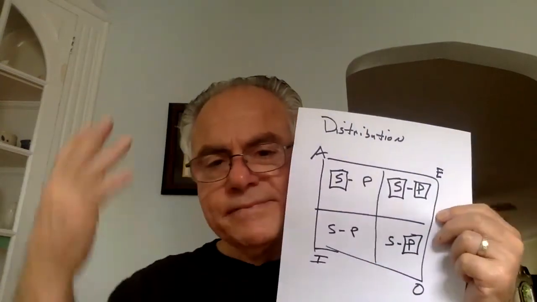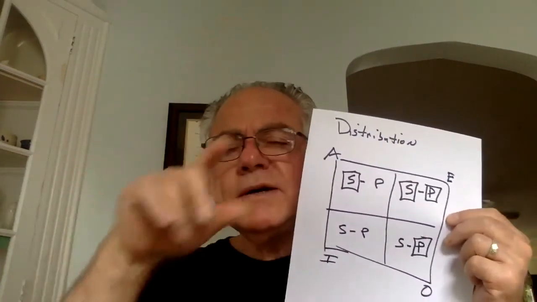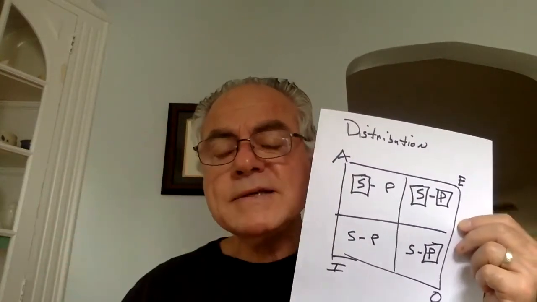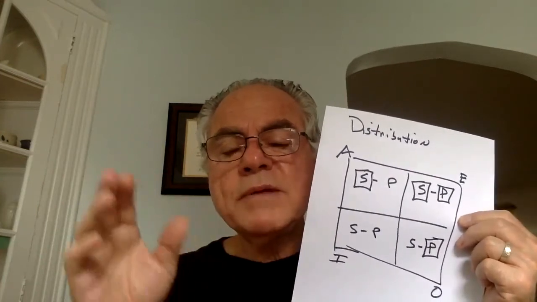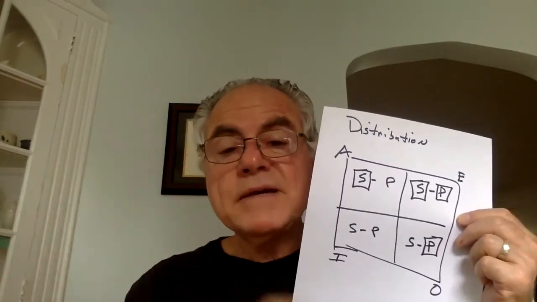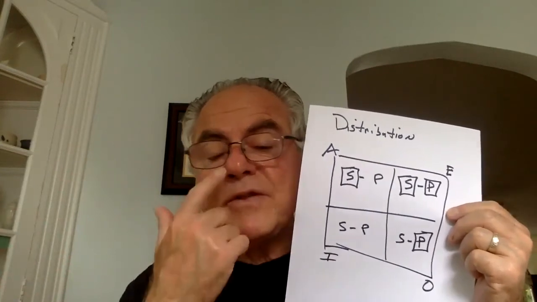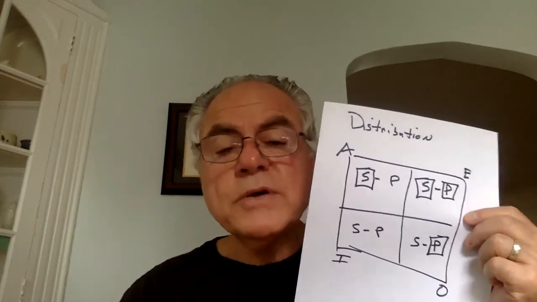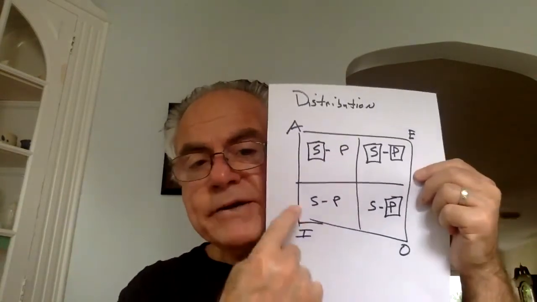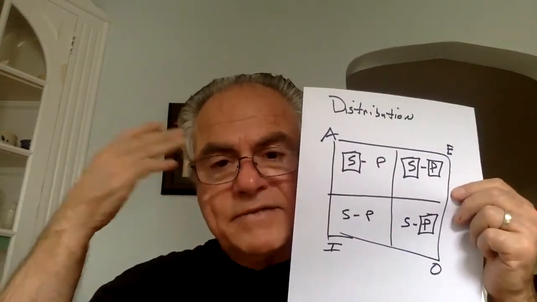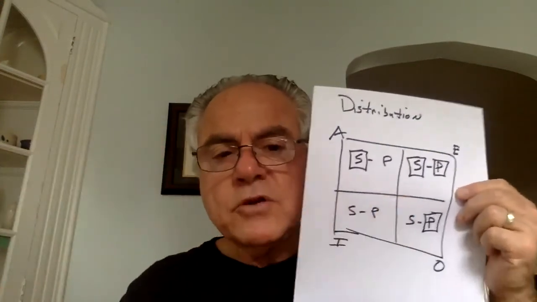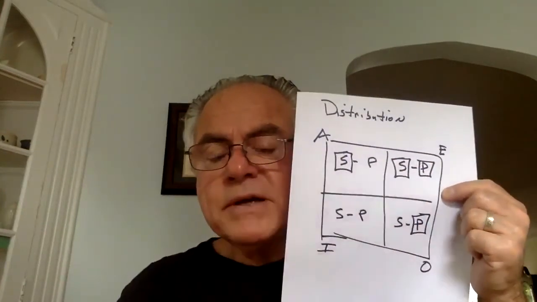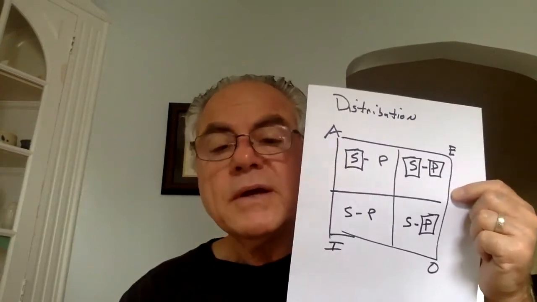So just memorize that, visually. Just make a square, A, E, I, and O, put S's and P's, and then make a square around the S of the A, make a square around both the S and P of the E, make a square around neither one for the I, and then with the O, just put a square around the P. If you memorize that pattern, then you can reproduce that in your mind as a mnemonic device, and you'll be able to know with an A proposition which is the subject or the predicate term, or neither one or both, if they're distributed.